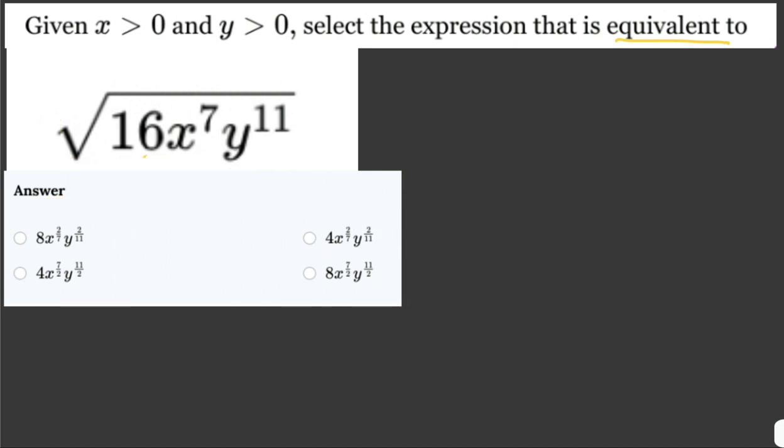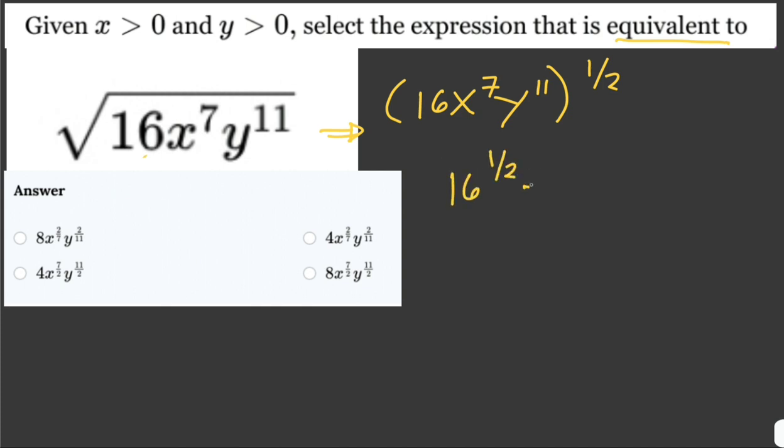Since this is a square root, the index is equal to 2, and then we can write this given expression as 16x to the 7th y to the 11th, all to the power of 1/2, and then we distribute the 1/2 to each of the terms. So this would become 16 to the 1/2 times x to the 7th to the 1/2 times y to the 11th to the 1/2.